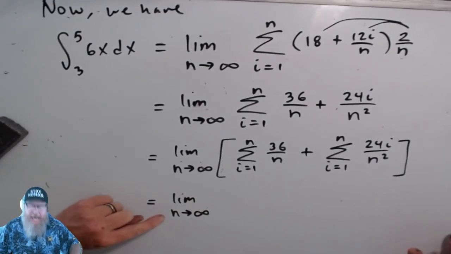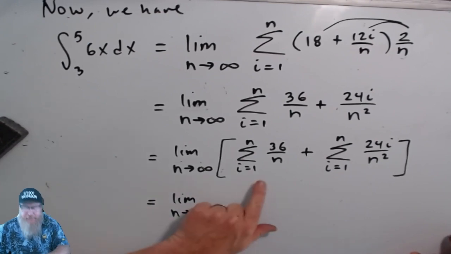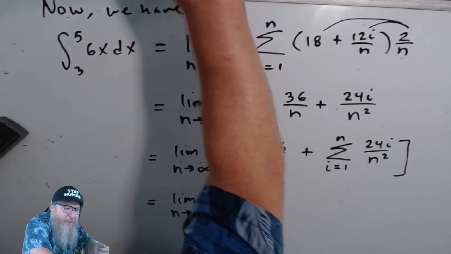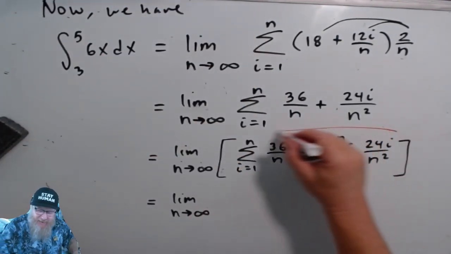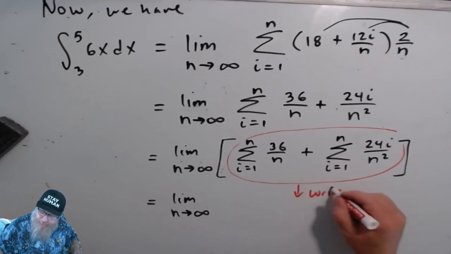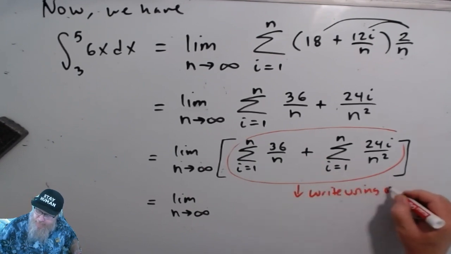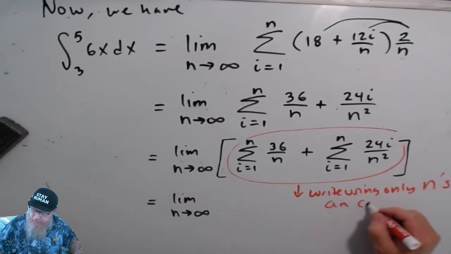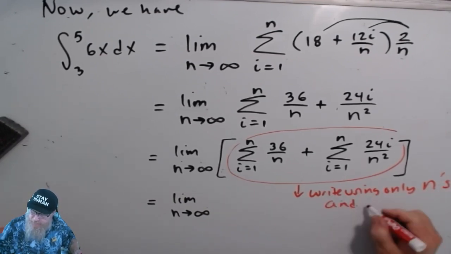We're now taking a limit as n approaches infinity, which means we want this to only be in terms of n. Oh, and constants. Of course, constants are always okay.